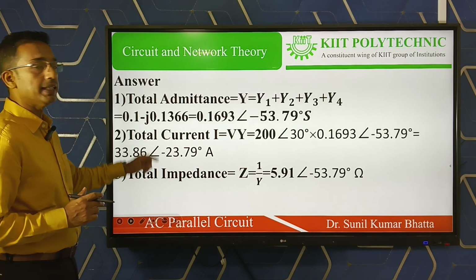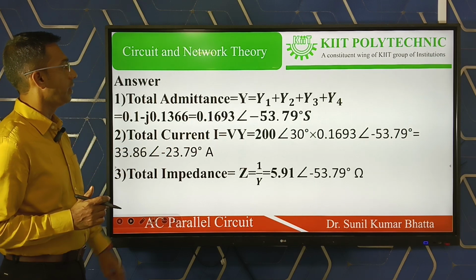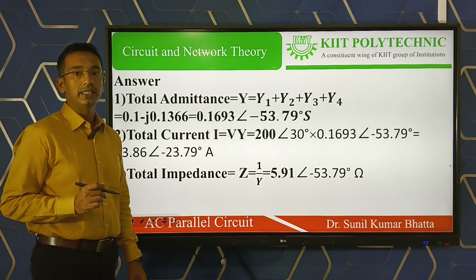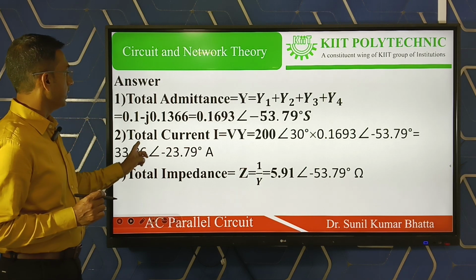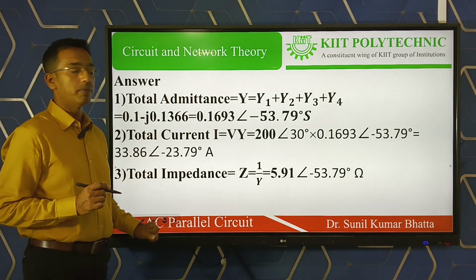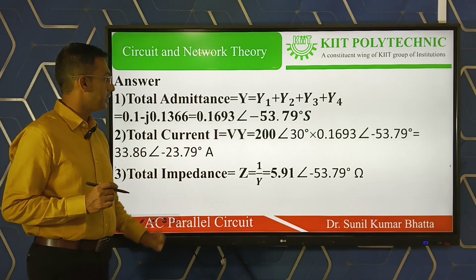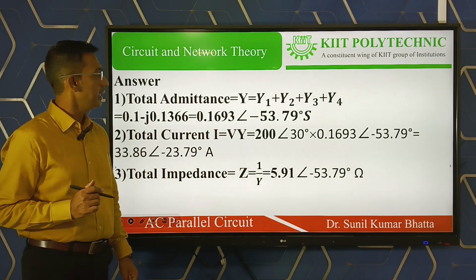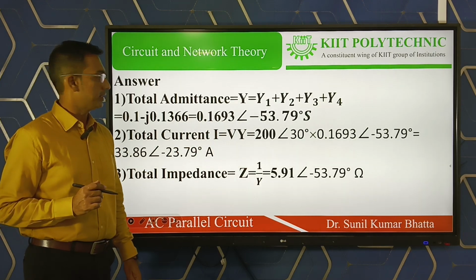Then the total admittance for the four-branch circuit: Y equals Y1 plus Y2 plus Y3 plus Y4. If you add them, you get the value in rectangular form as well as in polar form. In polar form the magnitude is 0.1693 and the angle is minus 53.79 degree Siemens.